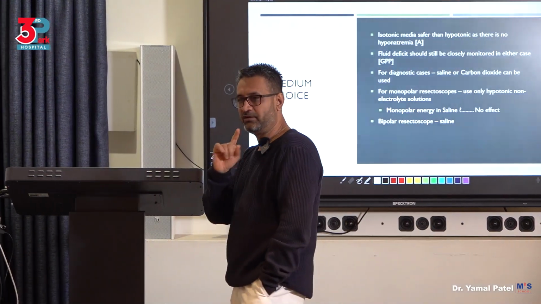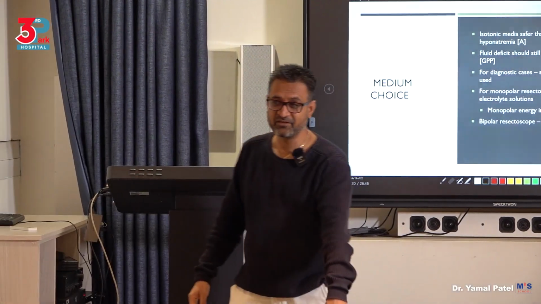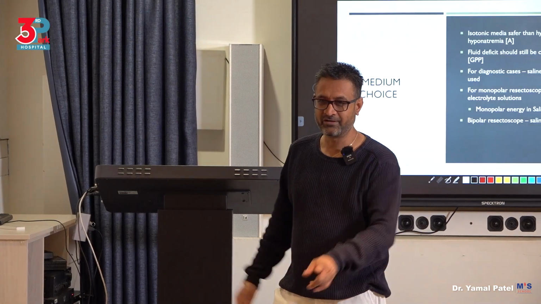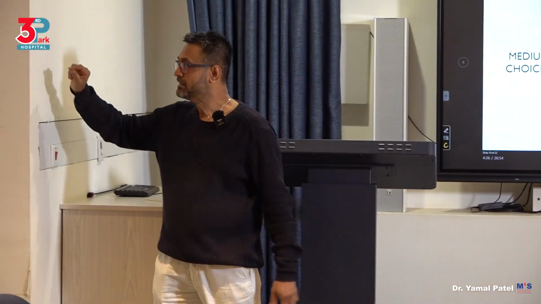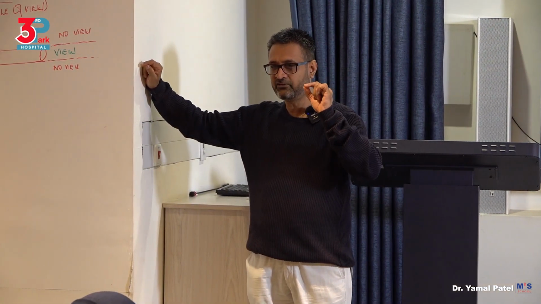That's what I wanted to clarify, guys. What I showed you on the floor is a different scenario altogether. Now, in a non-electrolyte solution, where the fluid is distended by glycine or sorbitol, there is no electrolyte, so it cannot dissipate the electricity.